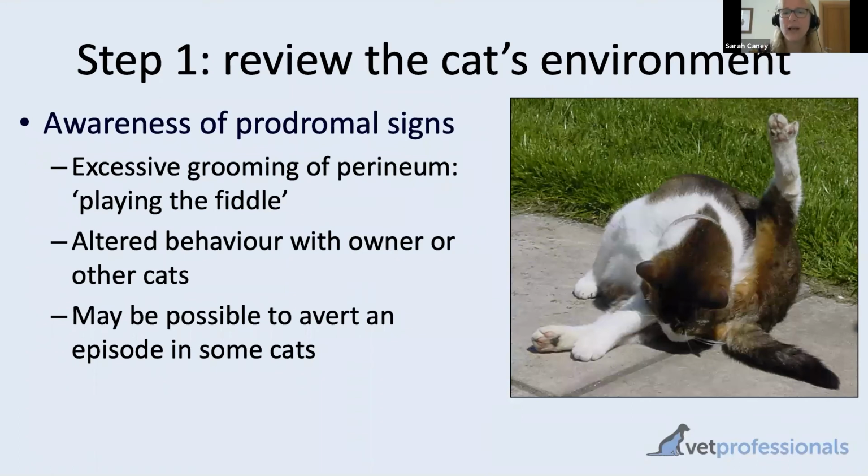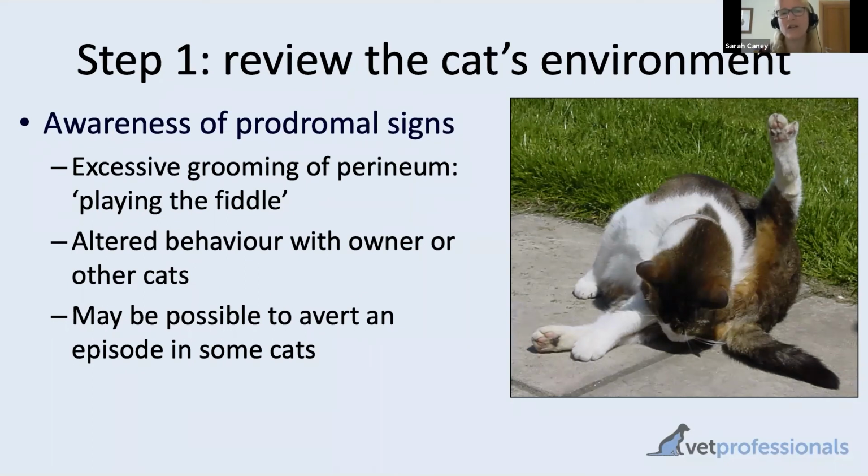Also, sometimes it can be helpful as a carer to be aware of what I would call prodromal signs, particularly in those cats that develop spasm. If you can see that they look like they're coming into an episode, then sometimes you can actually avert an episode medically.